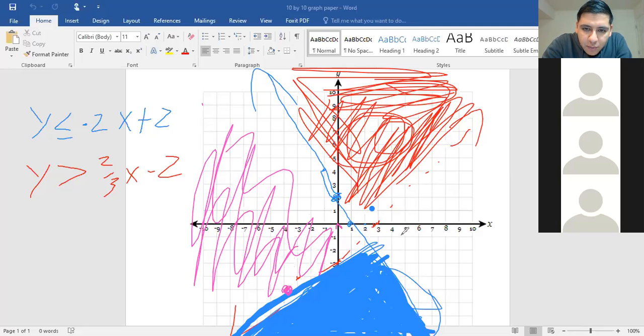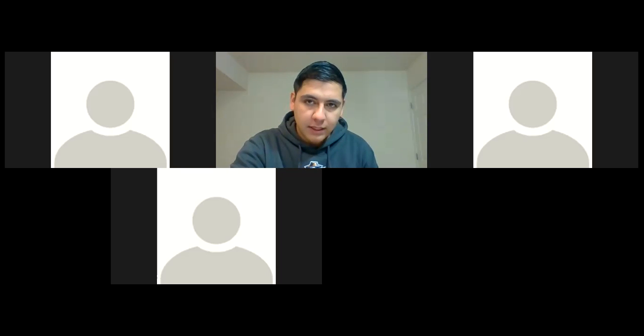But as another example, what about 1 and 0? 1 and 0 is on the solid line. That could work because it's on a solid line, and therefore we include that answer. Okay. So not too difficult, right?